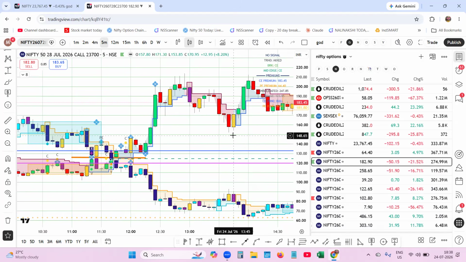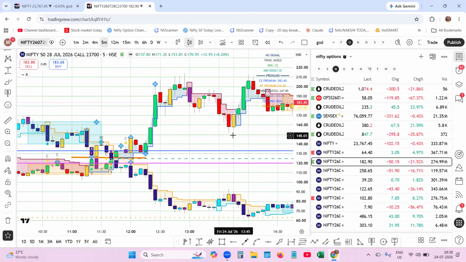Extreme compression, energy meter says ready, midline flips to CE, grid zone turns bullish, first 15-minute breakout confirms. Listen to me carefully, I'm going to repeat it. Consolidation box breaks, engulfing candle appears. This is what I call the golden setup.